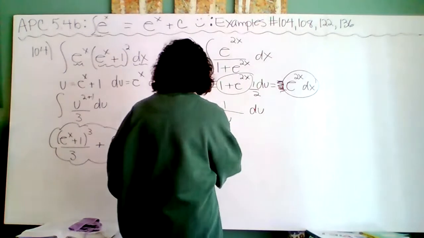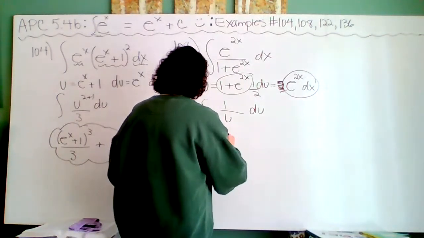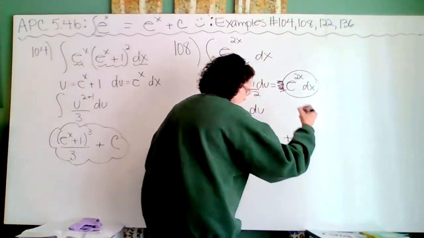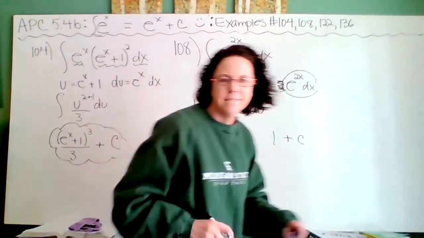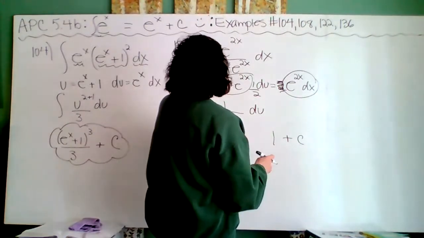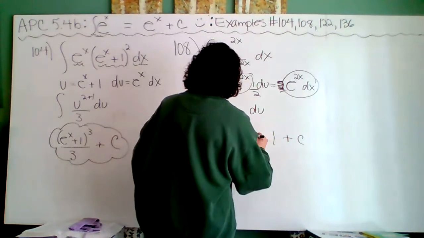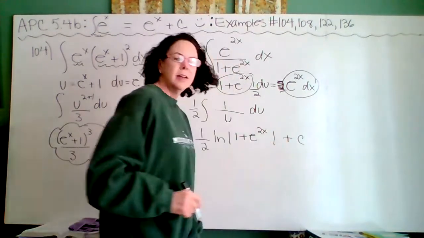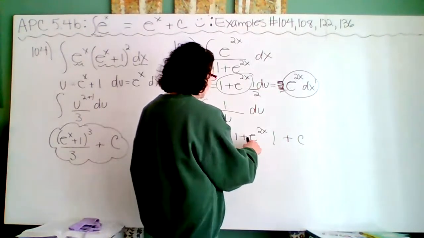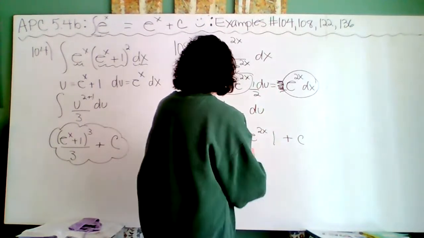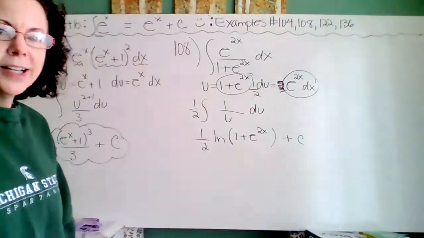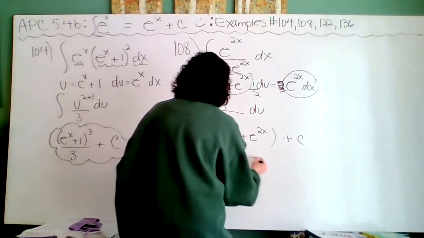It is 1/2 the natural log, the absolute value of u plus c, where my u is 1 plus e to the 2x, which is perfectly true, except that 1 plus e to the 2x is always positive. So we don't need the absolute value. There we go.